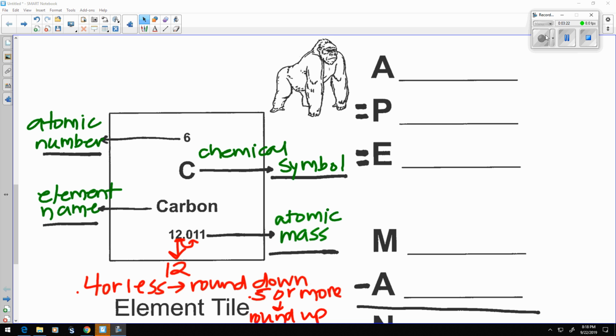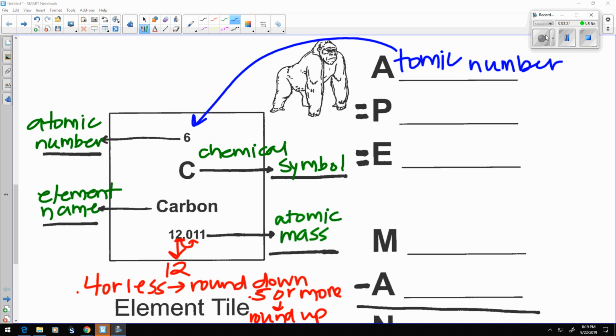And APE MAN is the easy way to remember that A, which stands for atomic number, so that's 6 right there, is going to equal the number of protons. And if it equals the number of protons, it's always going to equal the number of electrons as well.